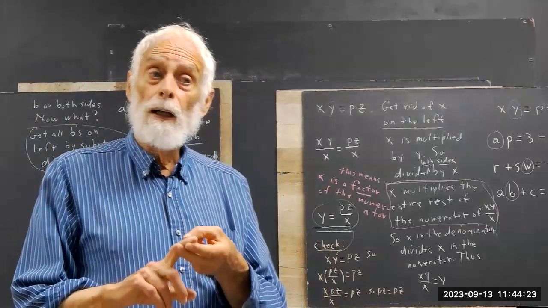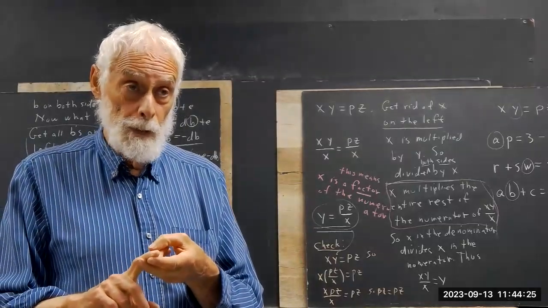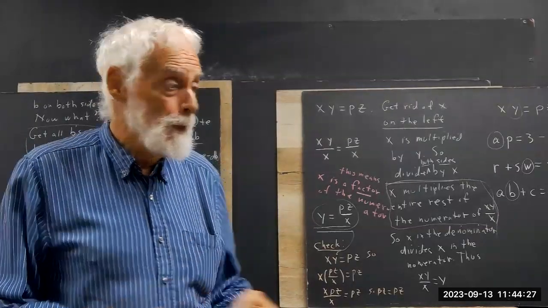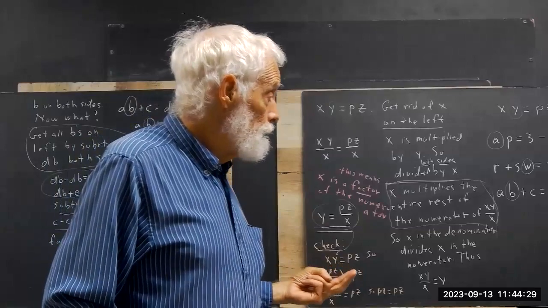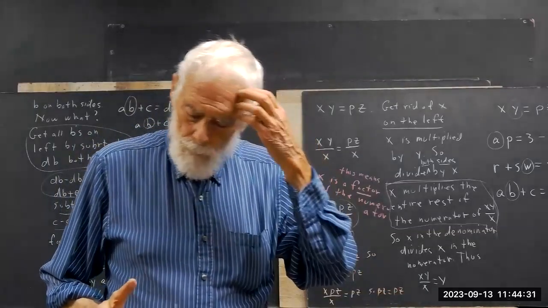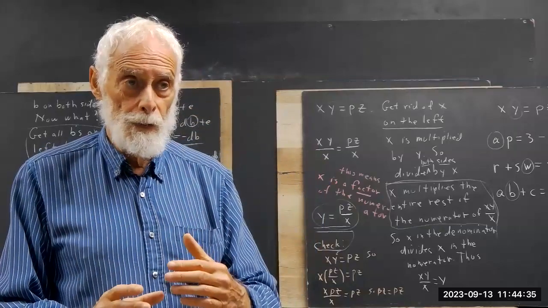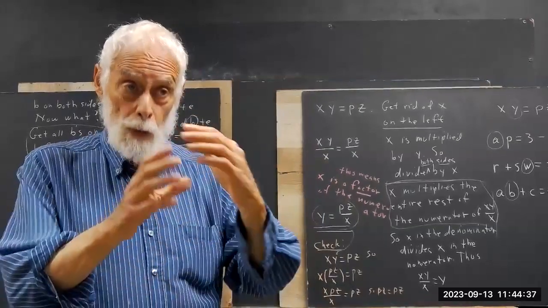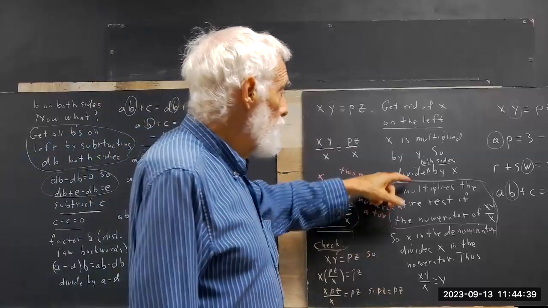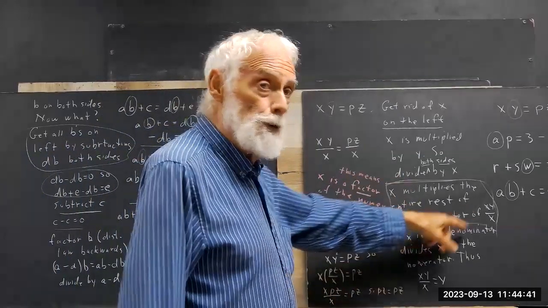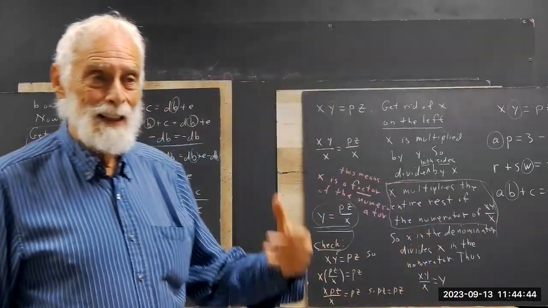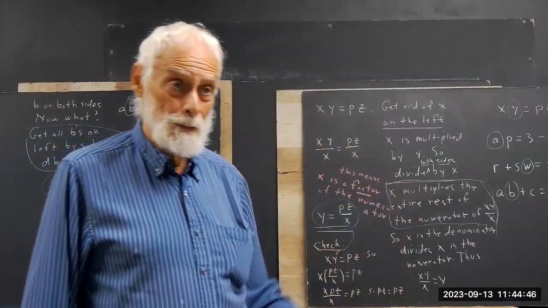We can multiply or divide on both sides by the same quantity, okay? Those are the two things. We can divide factors of a numerator by equal factors of the denominator. You have to know what a factor is. It's something that multiplies the whole blame rest of the numerator, okay? And the whole blame rest of the denominator, right?